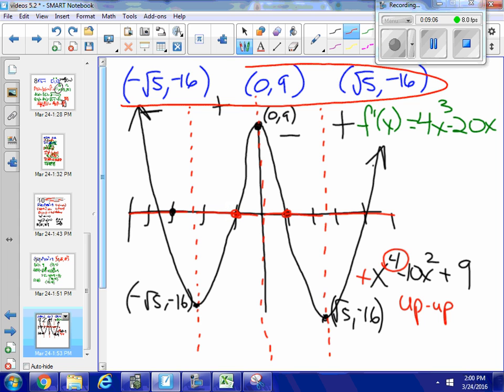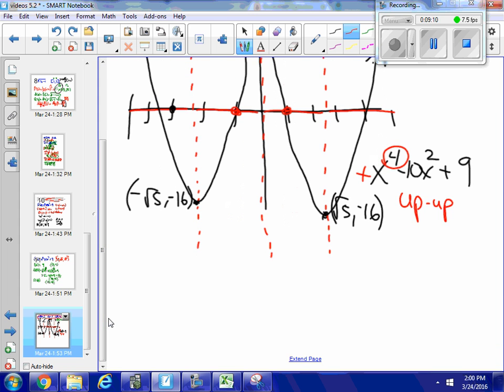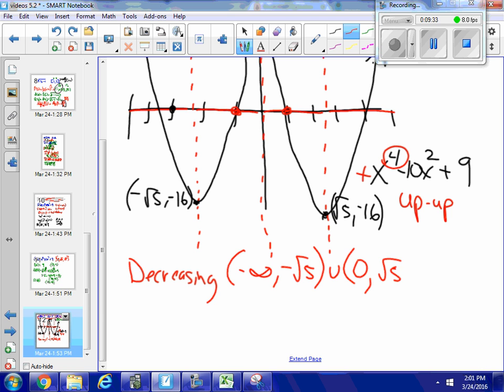Those are my extrema. And I know that the graph is decreasing on the interval negative infinity to negative radical 5. And then again, it's decreasing on the interval 0 to radical 5.